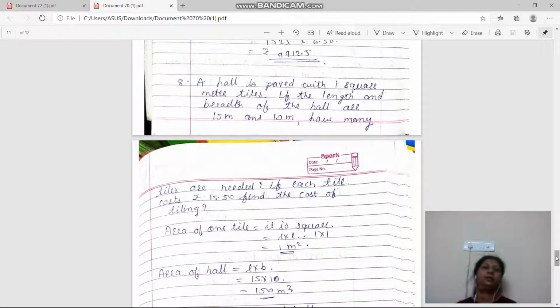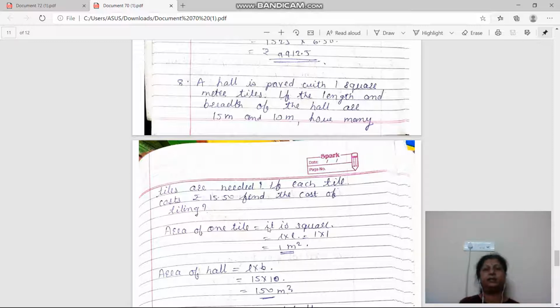Now the 8th question. A hall is paved with 1 square meter tiles. If the length and the breadth of the hall are 15 meter and 10 meter, how many tiles are needed? If each tile costs rupees 15.50, find the cost of tiling. Now see here, first of all we have to calculate the area of one tile.